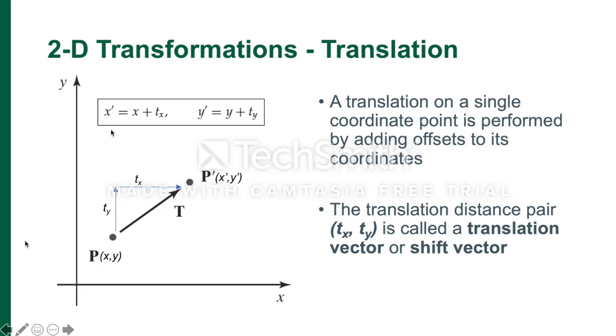The equation to generate a translated point is x prime equals the original x plus the translation in x, and similarly y prime is going to be the original y plus the translation in the y-axis.